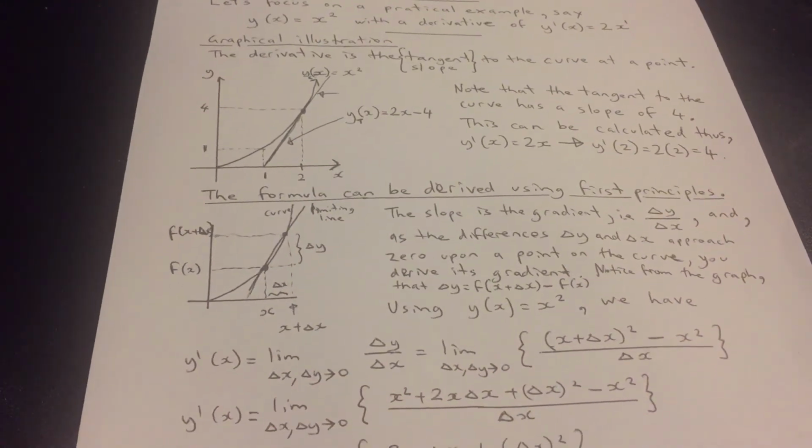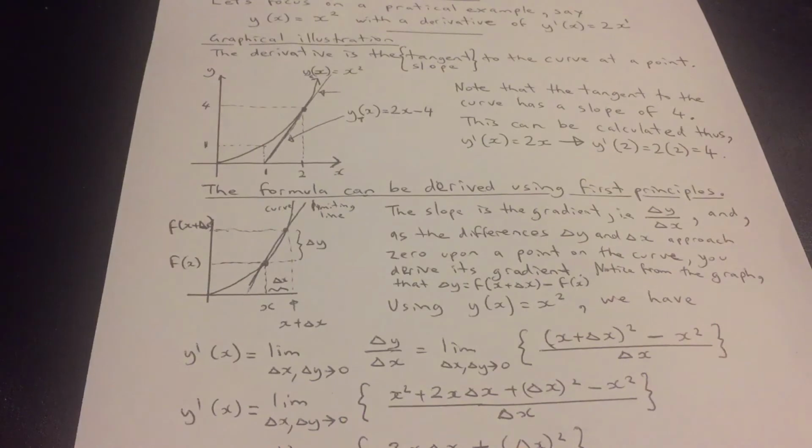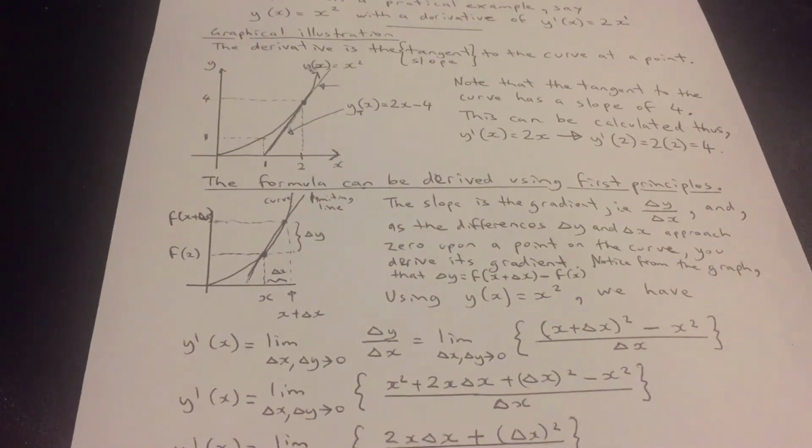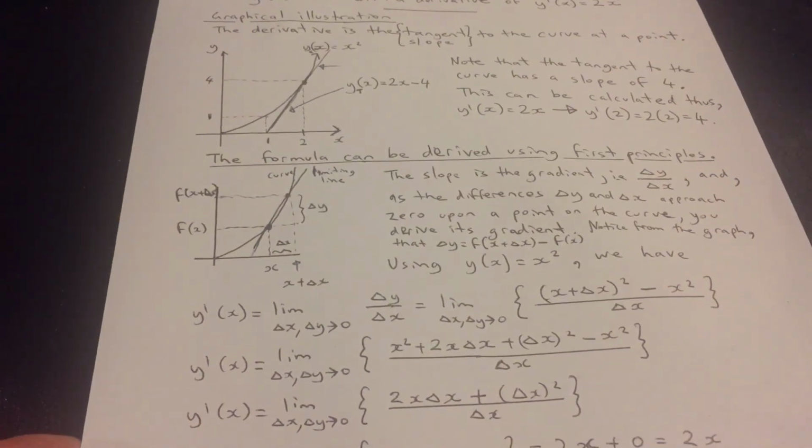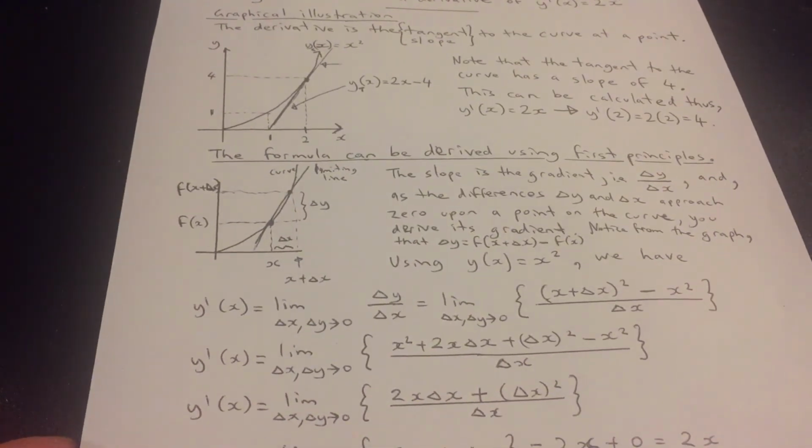So moving along, on the next line, the main point is that we expand the brackets. So we have x squared plus 2x delta x plus delta x squared, and then minus x squared all over delta x. And then we do a further calculation. You notice the x squareds cancel. So we're left with 2x delta x plus delta x squared all over delta x.